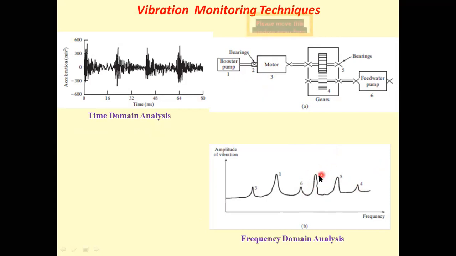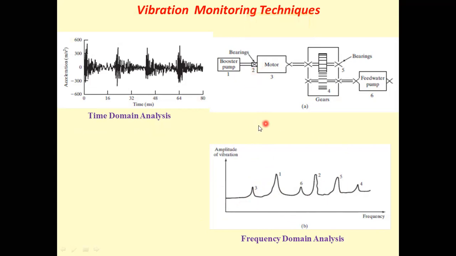Similarly, if the motor has failed, the frequency of that motor, which is 10 hertz, changes. It becomes either 0 hertz, or 5 hertz, or other than 10 hertz. So we can say that this motor component is faulty.